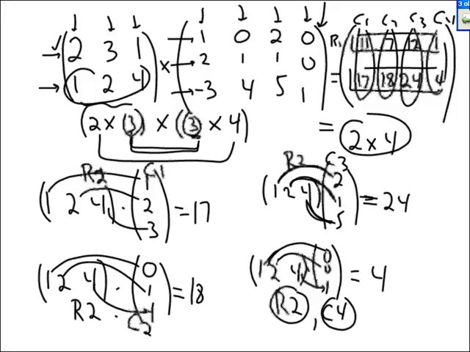Okay. Let's try another matrix multiplication. Although the number of columns in the first matrix must equal the number of rows in the second matrix, you don't have to stress on that much.